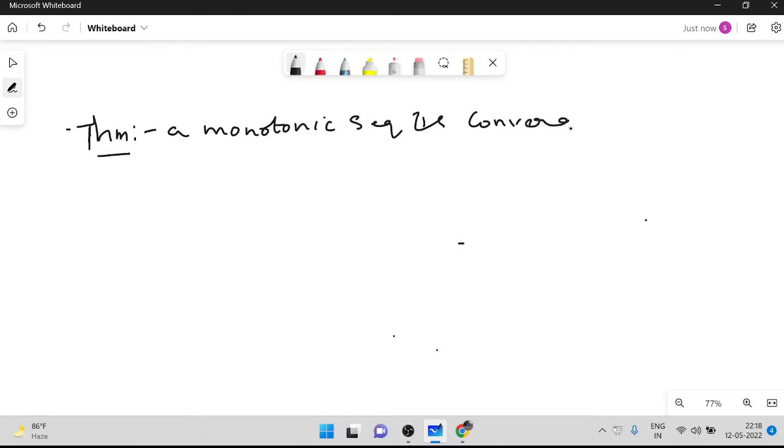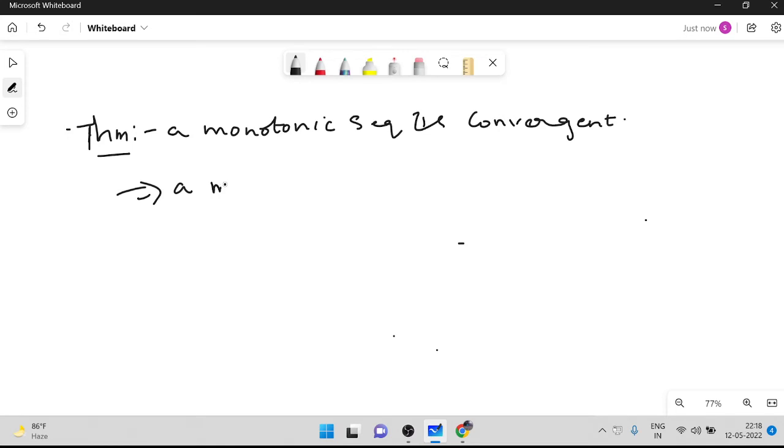Now I prove a theorem. A monotonic sequence is convergent under this condition.